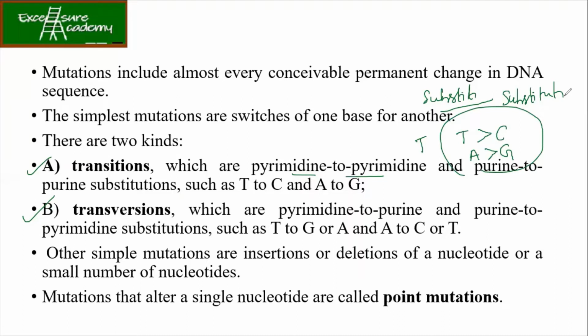Of course, this will not tell whether it's a transition or transversion, but when you look at T to C, we know that both of them are pyrimidines, so you will understand that these are transitions.